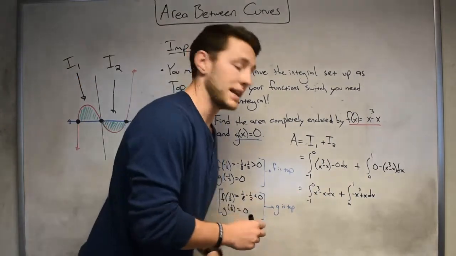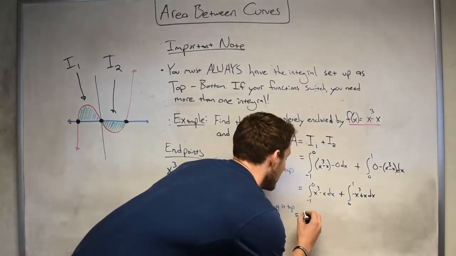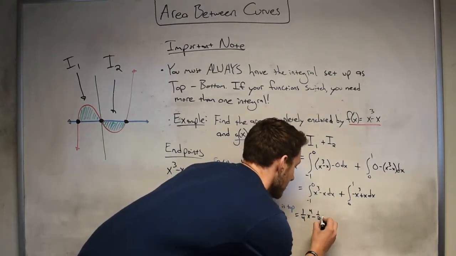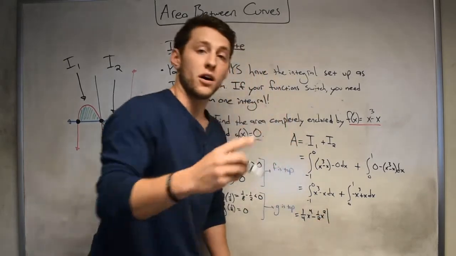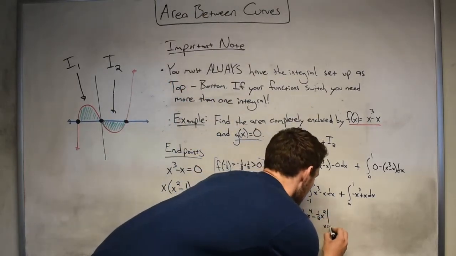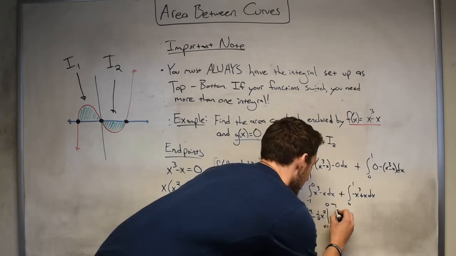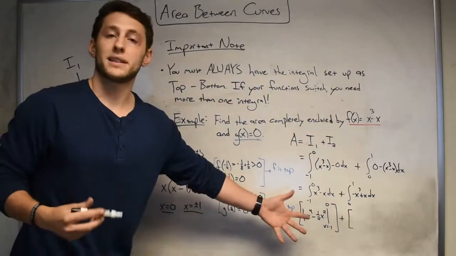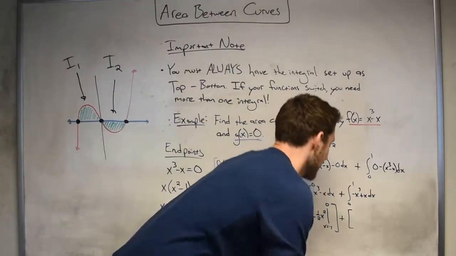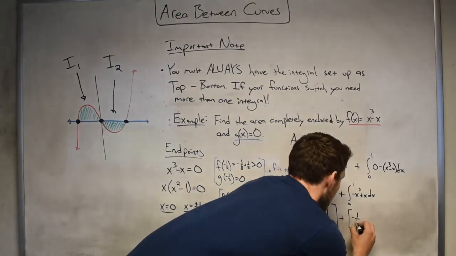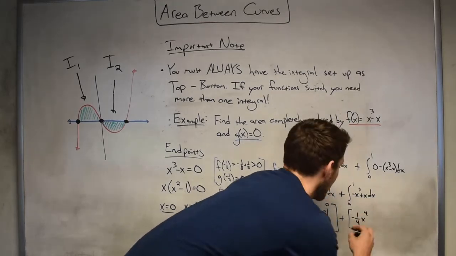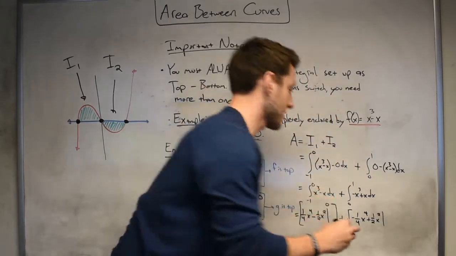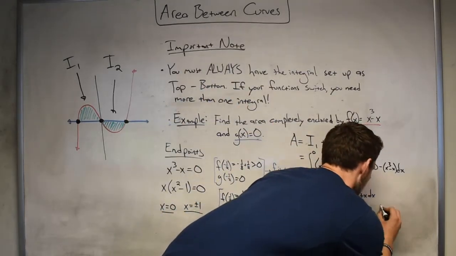From here, we go ahead and integrate, giving me a 1/4 x to the 4th minus 1/2 x squared, solved from x equals -1 up to 0, plus, and we get kind of the same antiderivative with some negatives flipped, -1/4 x to the 4th plus 1/2 x squared, solved from x equals 0 up to 1.